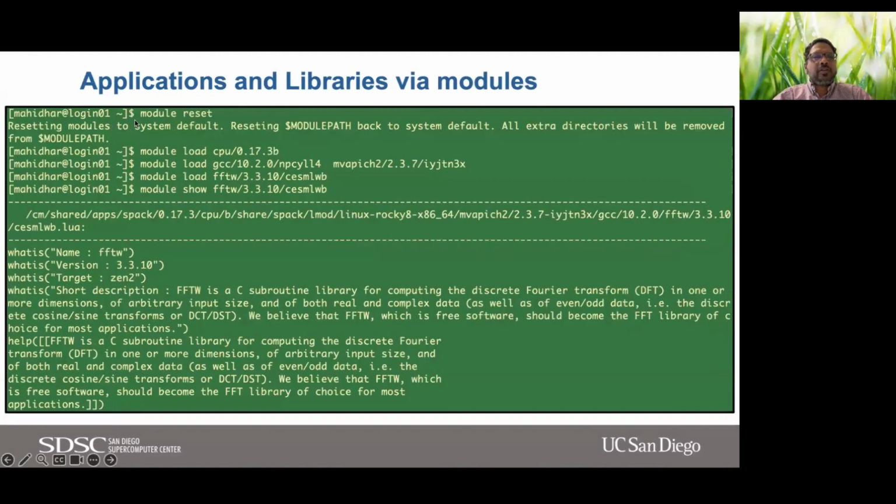So the way it would go is you do a module reset, load the CPU stack, load the GCC compiler and mvapich, and then you load that. And whenever you do a module show, you can actually see what the module is doing to your environment.